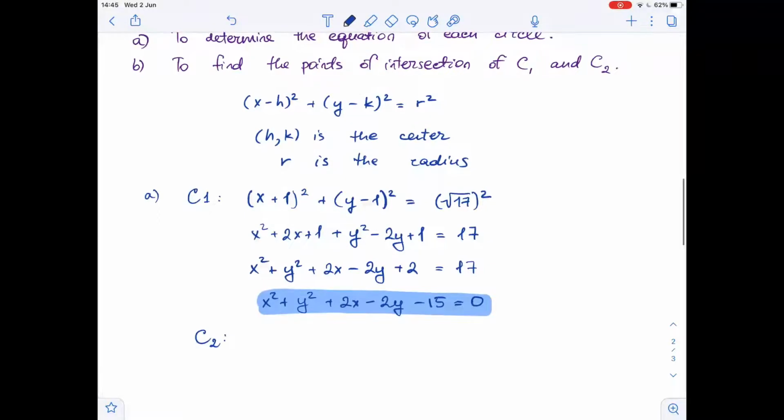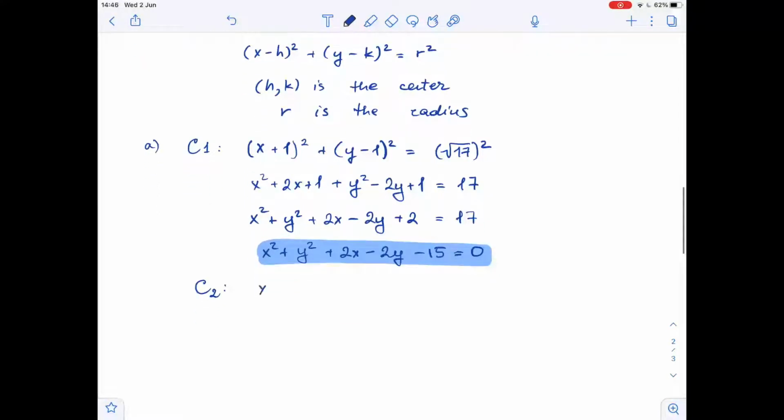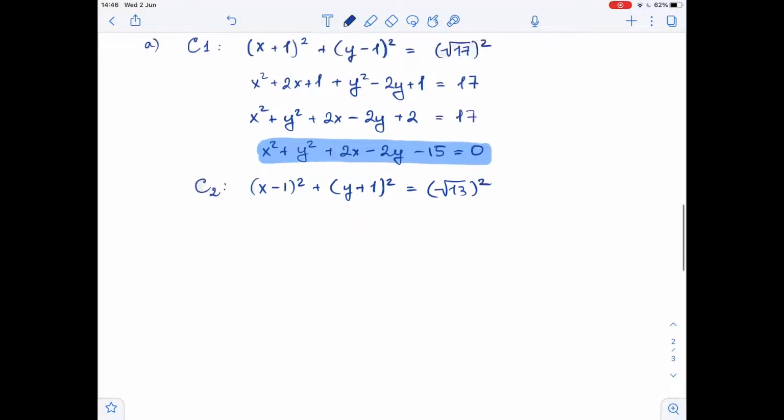Now let's find the equation of circle C2. Here we will have (x - 1)^2 + (y + 1)^2 is equal to (square root of 13)^2. Again, let's simplify it.